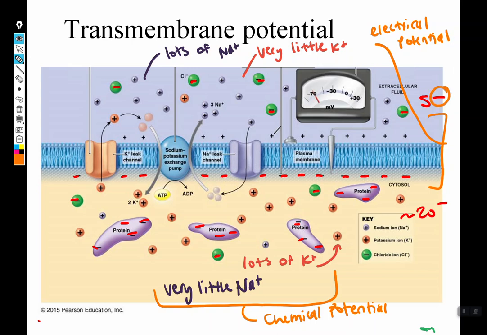Remember, a single electron is a unit of negative charge. So all of these negative charges represent an atom or a compound that has basically gained an extra electron. So the other way to refer to the transmembrane potential is also the electrochemical potential. Electro referring to the electrons, and chemical referring to the chemicals.